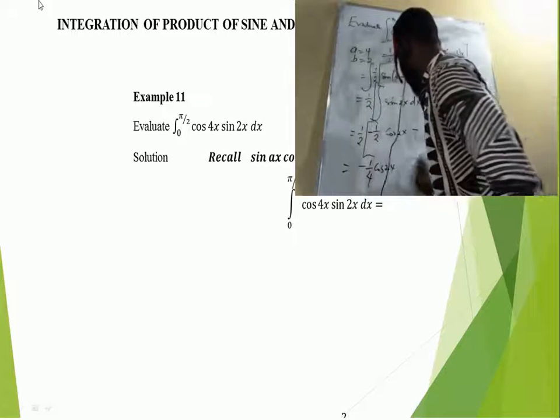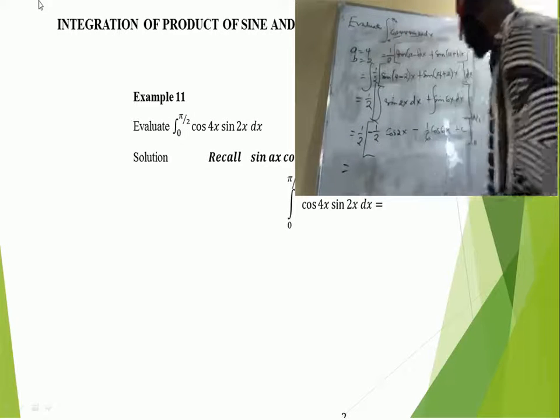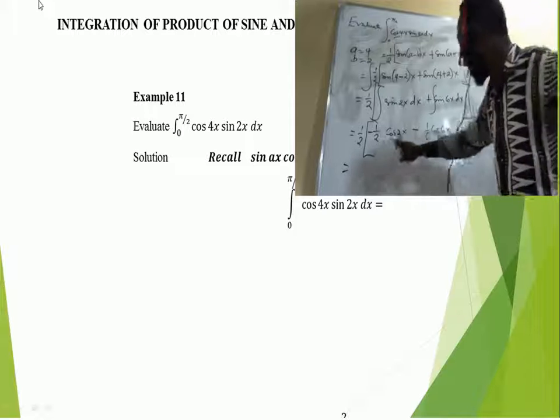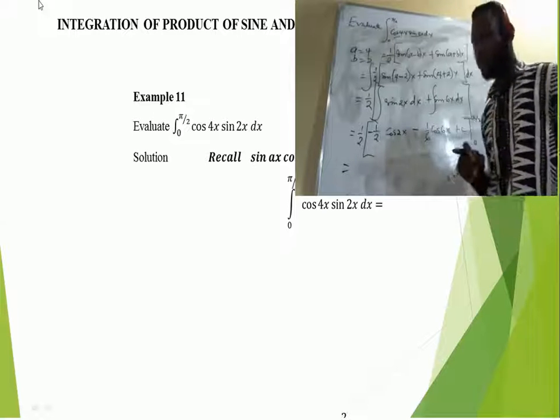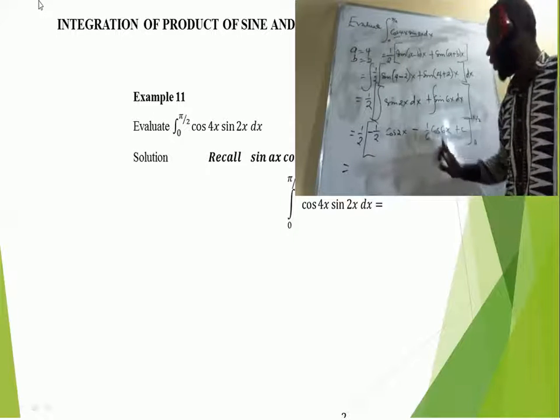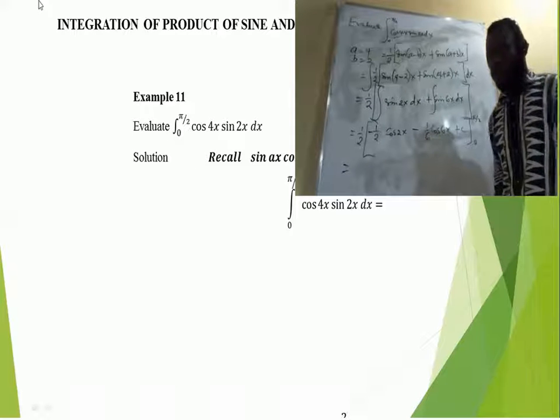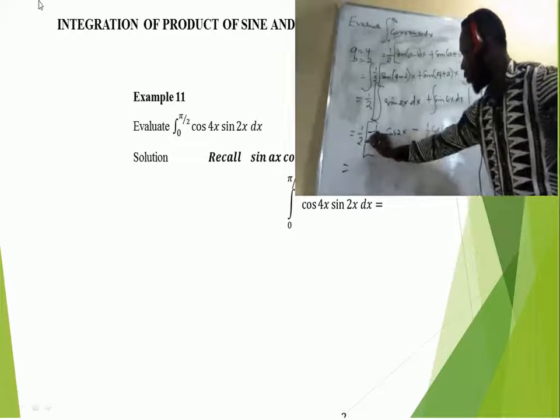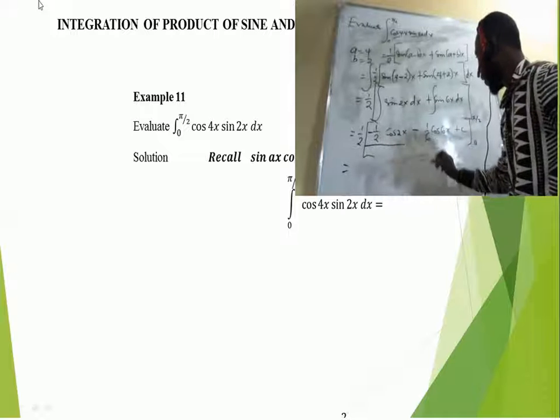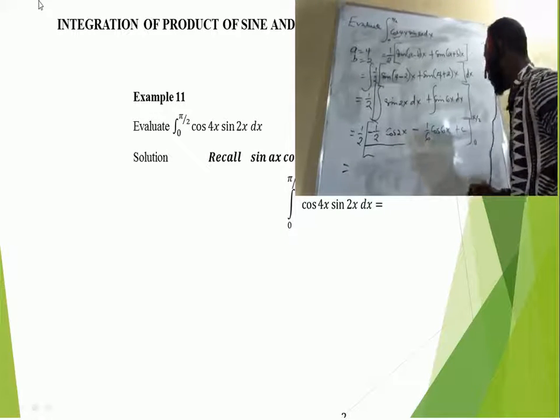At the same time, we can leave it like this. Don't worry. We can see that there's something common. We don't need to expand it. Who can tell us what is common in this expression? Minus half cos 2x, then minus 1 over 6 cos 6x.